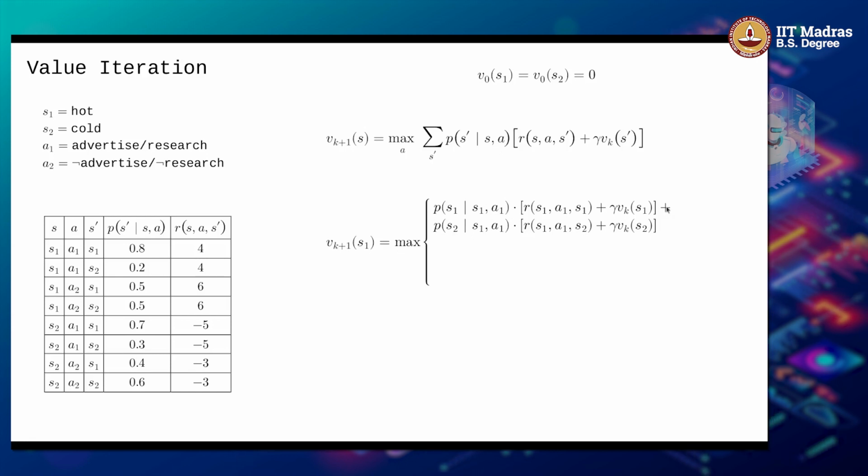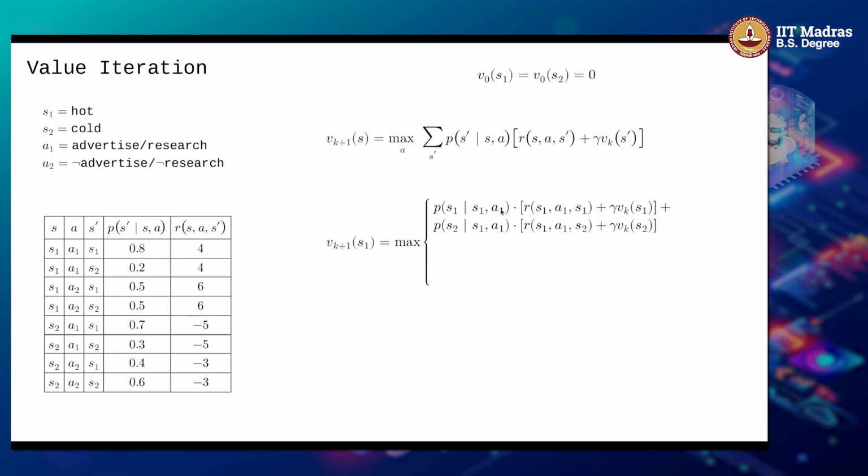The bottom set of terms are looking at starting from S1, taking action A1 and transitioning to S2. If you sum them, you will get this summation that we have here.